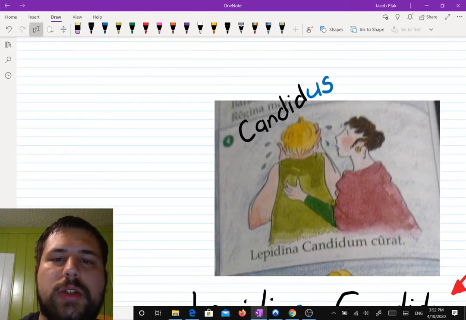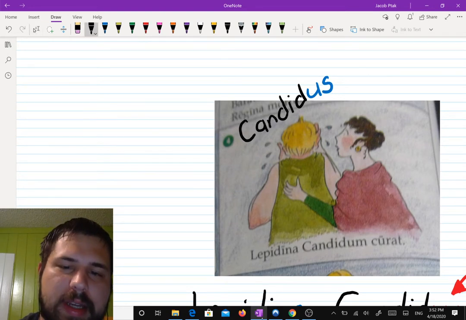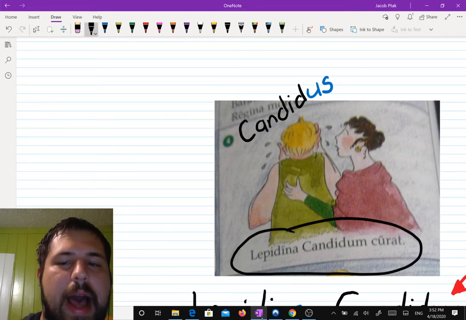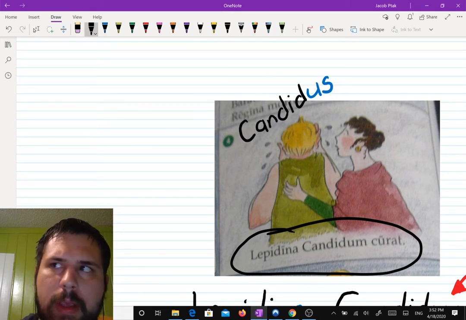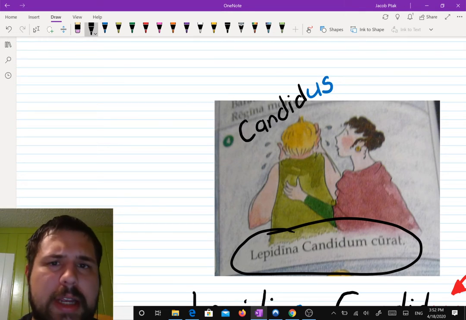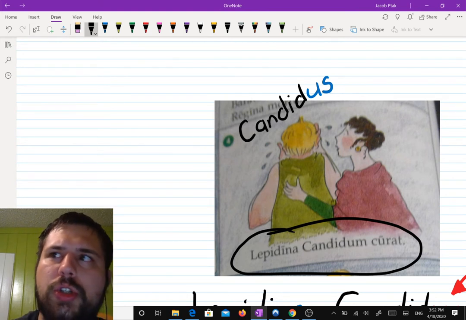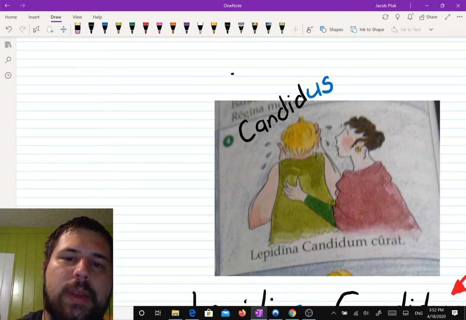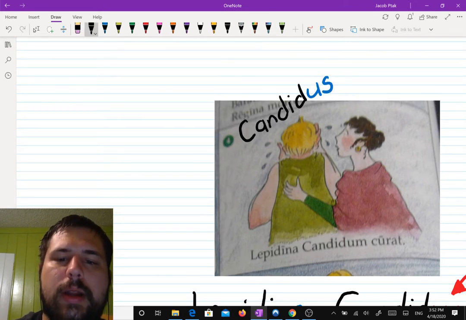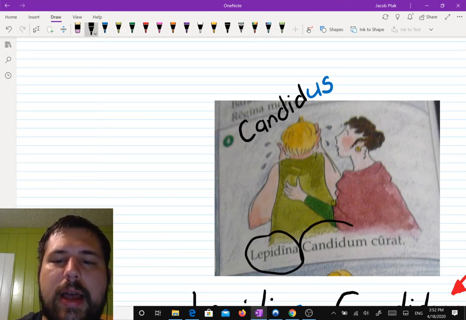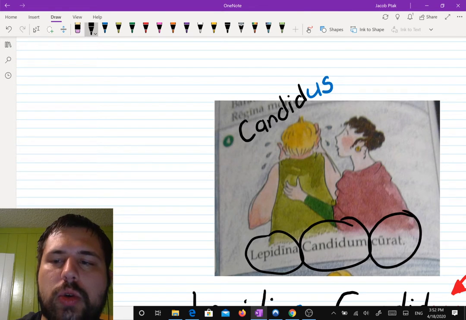Number 4, box 4. The sentence, Lepidina candidum curat. So, if you were paying attention during the grammar part, you should already notice something here. Candidus is this guy, but Lepidina candidum curat.